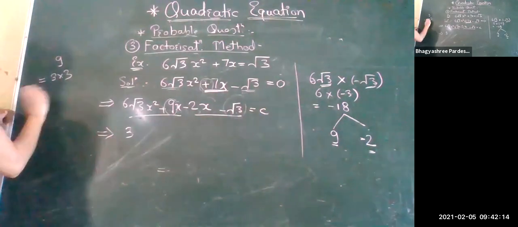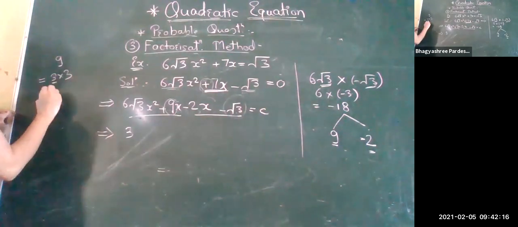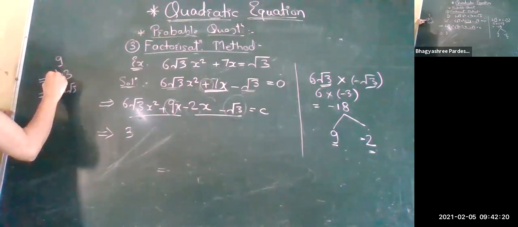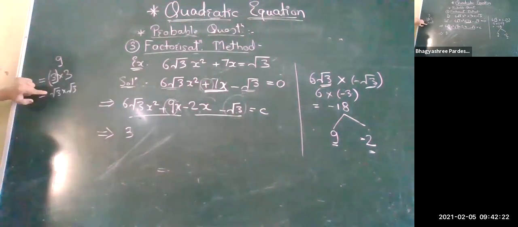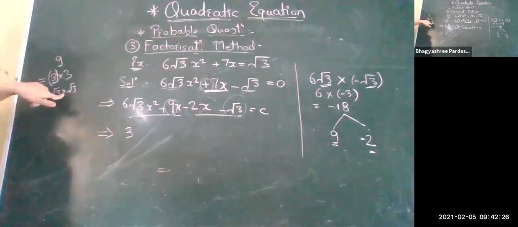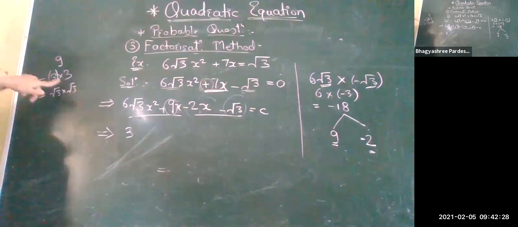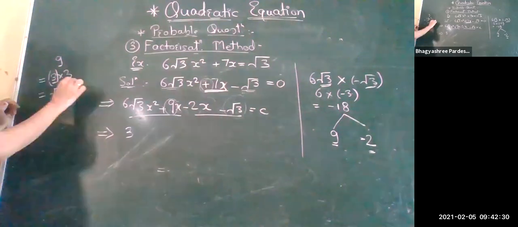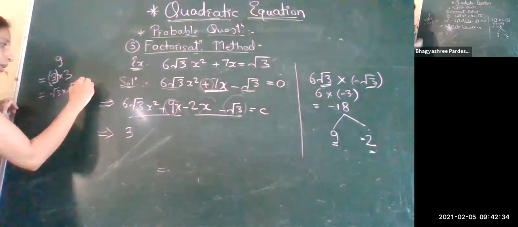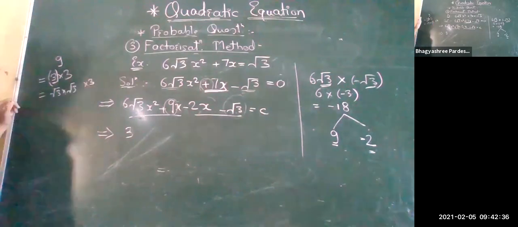So can I write one of the 3 as root 3 into root 3? Look here, this 3 I have written as root 3 multiplied by root 3. And you know very well that this is nothing but root 3 square, that is nothing but 3 only. The value of this root 3 into root 3 is equal to 3 only. And the next 3 will remain as it is.